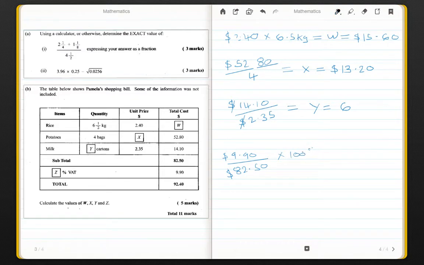This would give us a value of 12%, and that is your answer for Z.